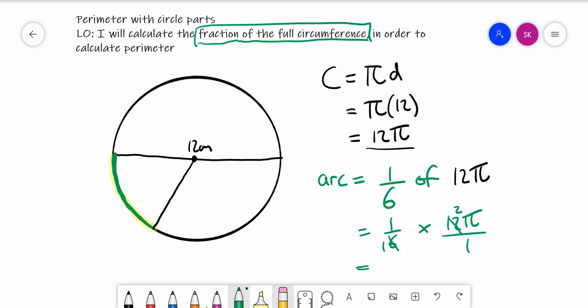Multiplying fractions, top, top, bottom, bottom. And so the length of that arc is 2 pi centimeters. So just make sure you've written down very clearly the strategy when you're trying to find a fraction of the full circumference is you do the fraction times the full circumference.